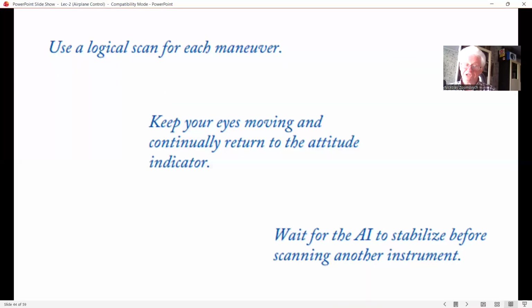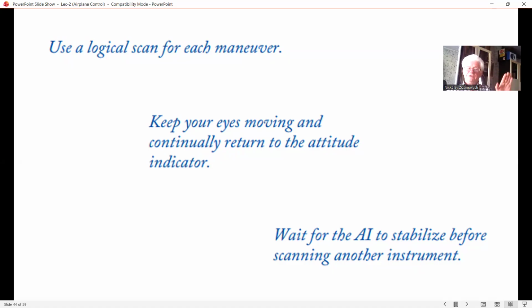Primary pitch information to confirm whether or not the pitch attitude selected on the AI is correct is obtained from the altimeter during cruise flight, but from the ASI during constant airspeed climbs and descents.